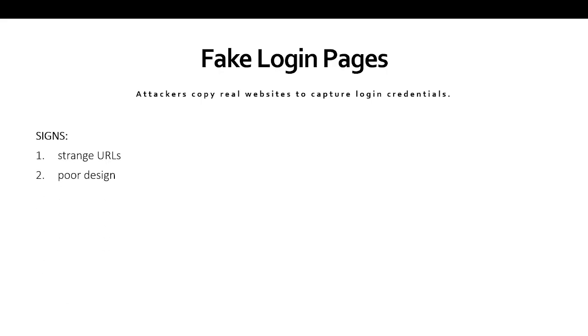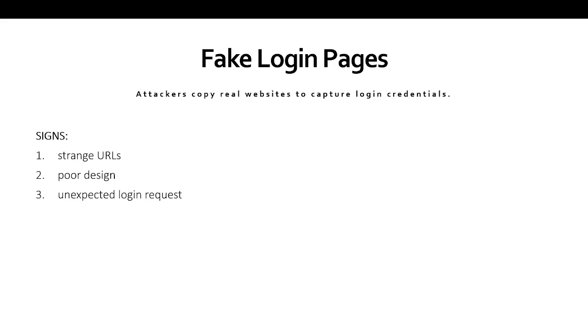When there is a strange URL, what's the URL? The link at the top. If it looks strange, I'm going to give an example of those strange URLs. Next, poor design. If it's a landing page or a website page, the page will have very poor design.